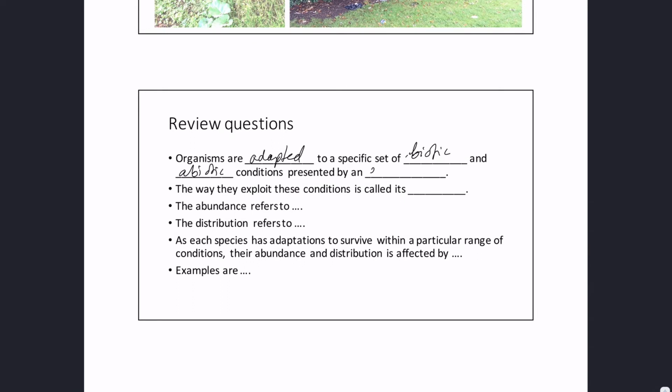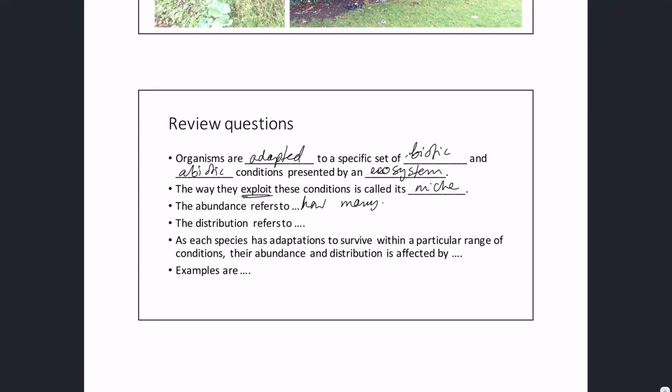Presented by an ecosystem. The way they exploit these conditions is called its niche. The abundance refers to how many of a particular population, species.